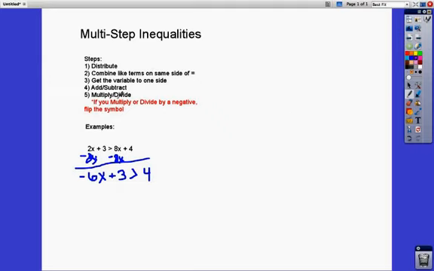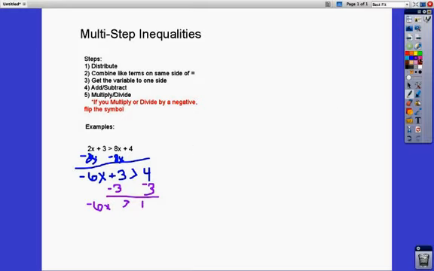Okay, so from here, we would either add or subtract. In this case, since this is what we want to move and it's adding, we want to subtract. So we always do the opposite. Okay, so this gives us negative 6x is greater than 4 minus 3 is 1.